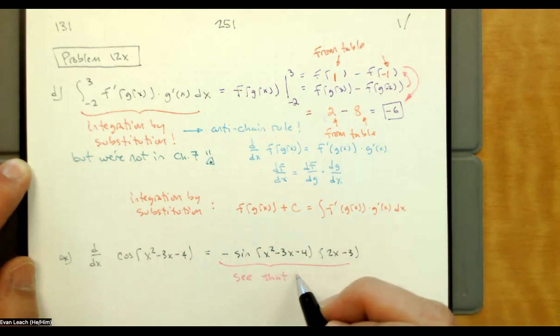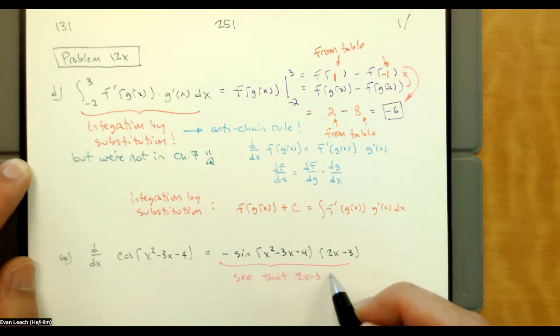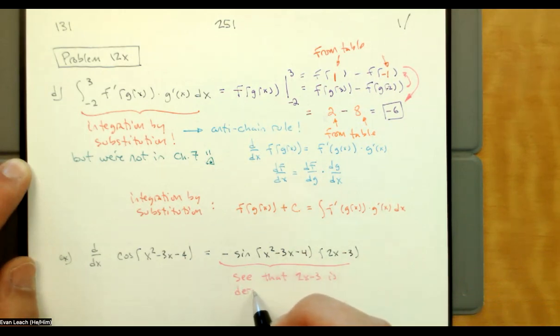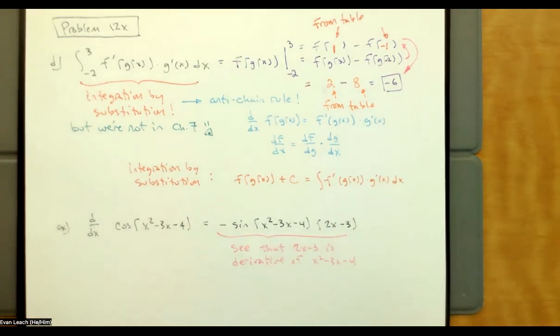We want to see that 2x minus 3 is the derivative of x squared minus 3x minus 4. That's what we want to see in this derivative, in this function. When we put it in the context of the derivative, it's easy to spot because I asked you to find the derivative. But we want to be able to see it out of context.